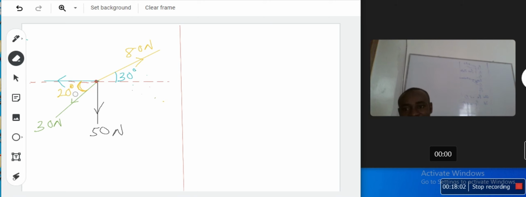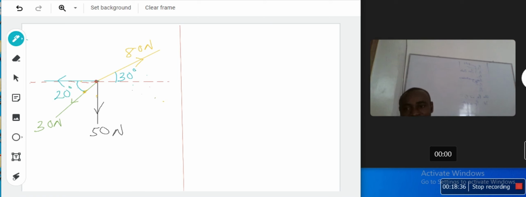If I didn't give this one as 20 degrees, if I had given it as 70 degrees here, this 70 degrees is to the vertical axis, isn't it? I need to still get its value to the horizontal axis. So what is its value, the angle to the horizontal axis? 20. So it's the same thing. You can still work with that 70 and get the same answer, but for uniformity, it's always good to get all angles measured to the same plane of reference, so 20 degrees.